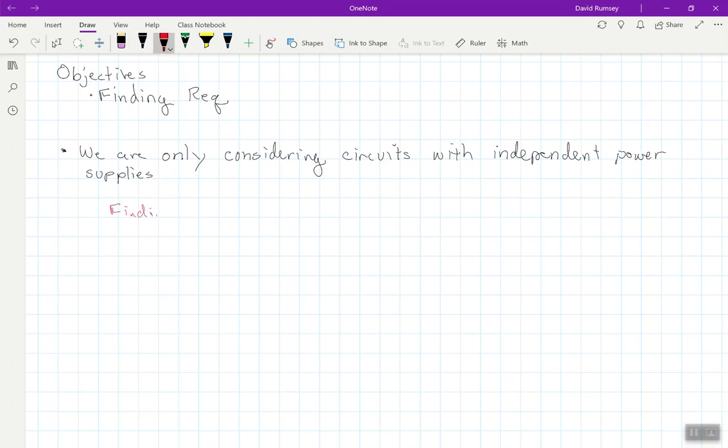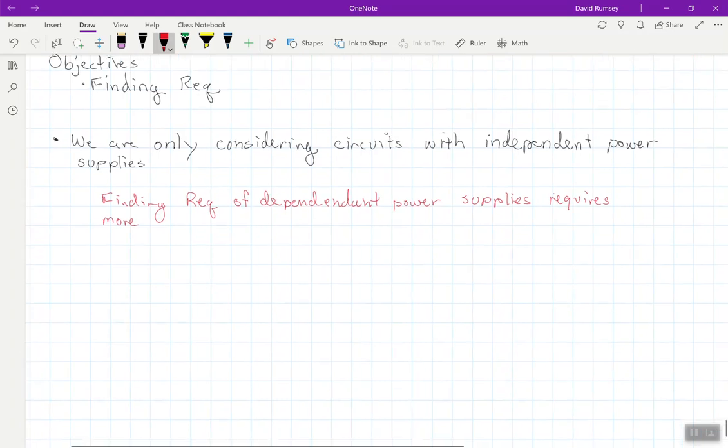Finding REQ for dependent power supplies requires more work. So what we're going to be talking about in this video does not allow us to find REQ if a dependent power supply is present in the circuit. It only allows us to find REQ for circuits that have independent power supplies.